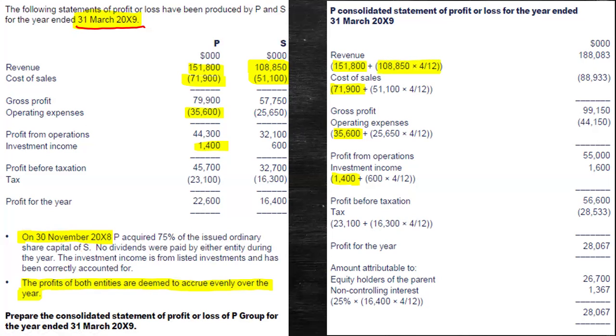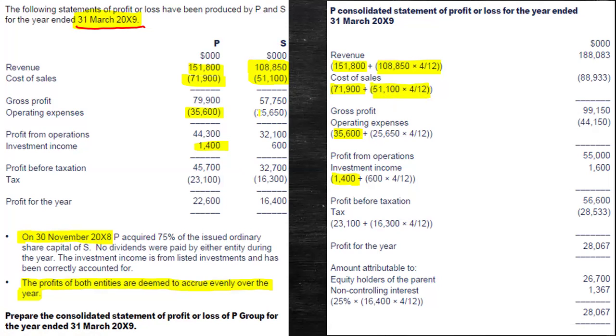So far we have looked at examples where the acquisition took place at least 1 year ago or even before that, so we did not have to prorate the values, we could just add them up directly. But in this case, it has only been 4 months since acquisition. So only for the subsidiary's values, you will take the total value and then prorate it to find the amount for the number of months since acquisition.